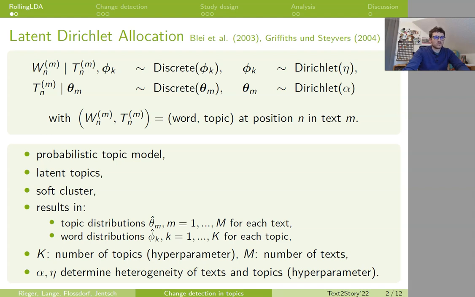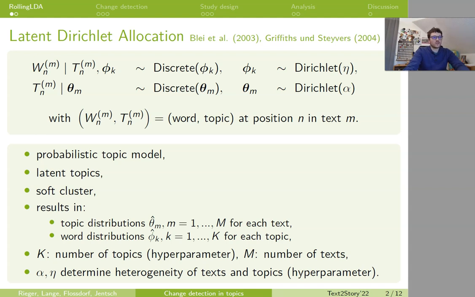To each of these word tokens, the model assigns a so-called latent topic, T_nm, where the user specifies how many topics there should be, denoted by K. Due to the property of LDA that a single word at different positions in the same text can be assigned to different topics, it is specified as a soft cluster algorithm, as we do not get fixed classifications per document. And there are three important hyperparameters for LDA.